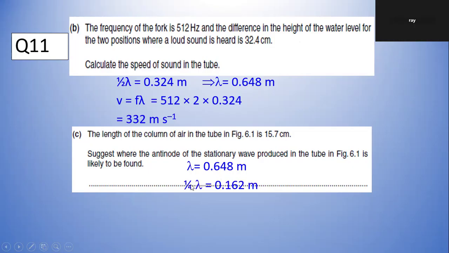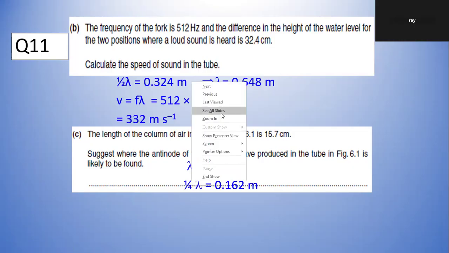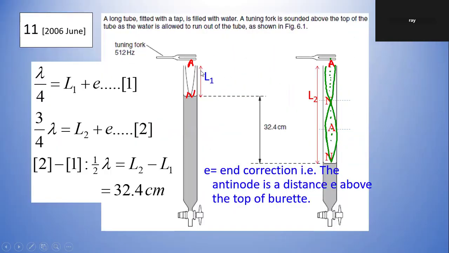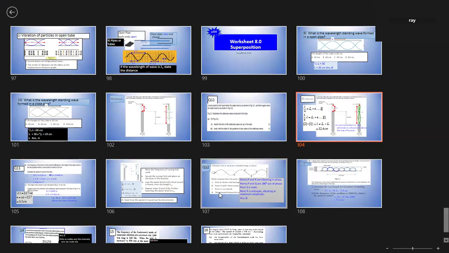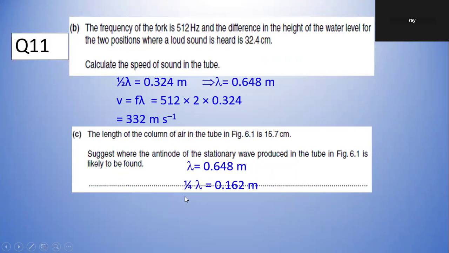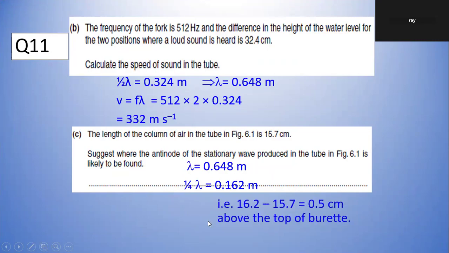So a quarter lambda is 0.162 meter. Get that? So it's 16.2 minus 15.7. So the antinode is 0.5 cm above the top of the burette.